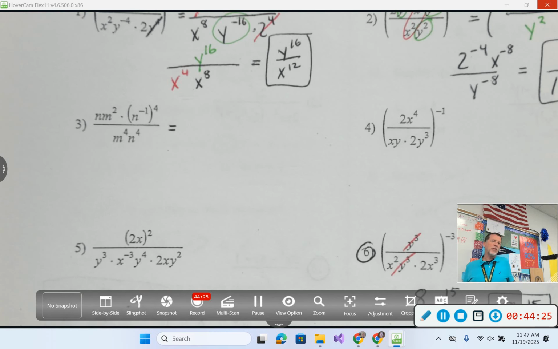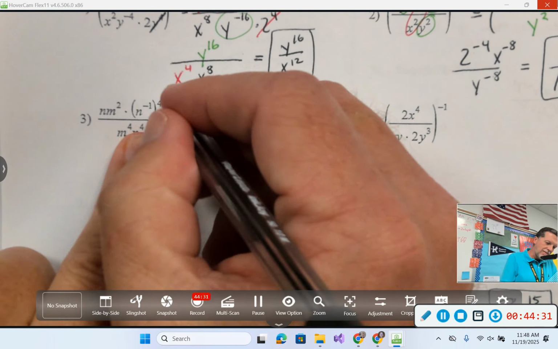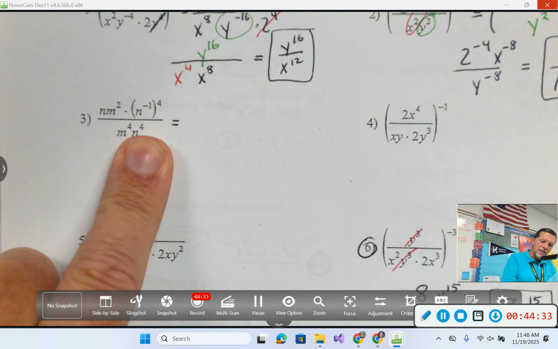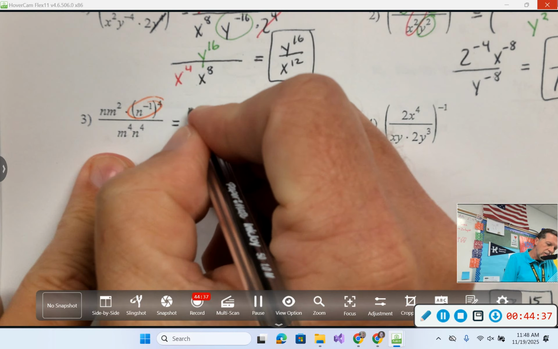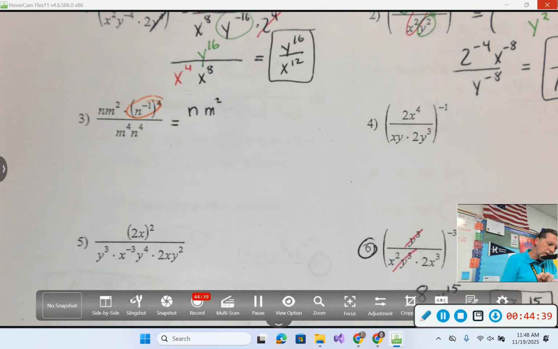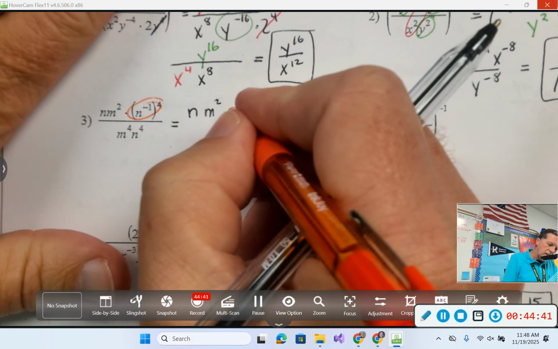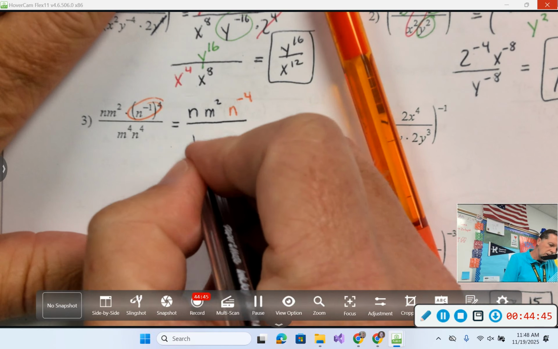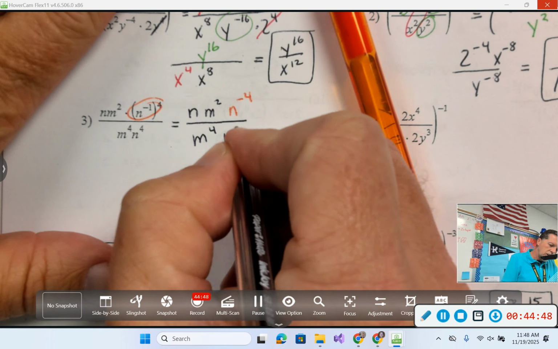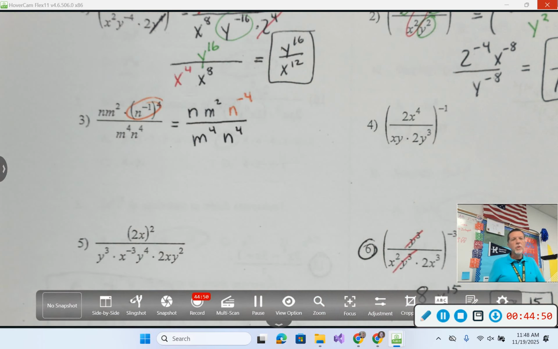What do you want to do first on number 3? I would do this thing. They did. You can wait. You'll be all right. So m squared n to the negative 4 over m to the 4 n to the 4.